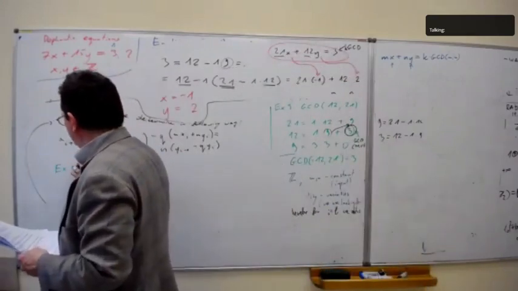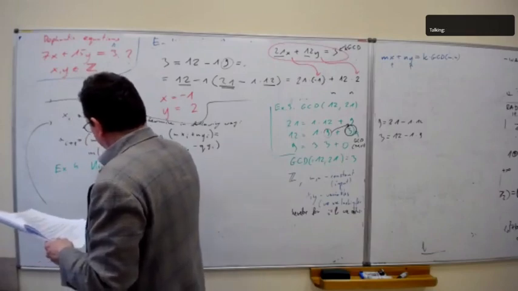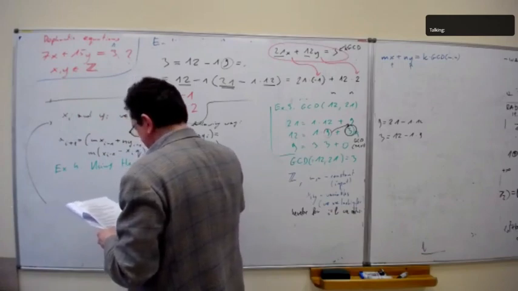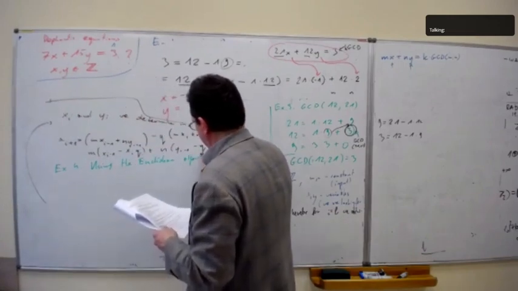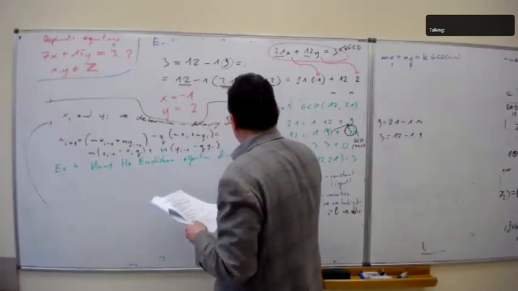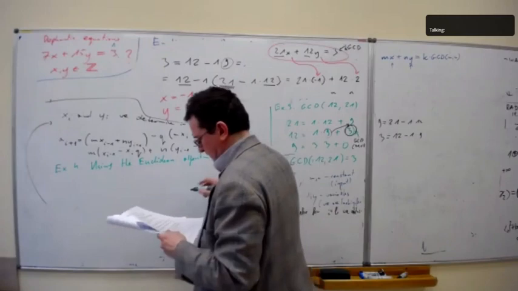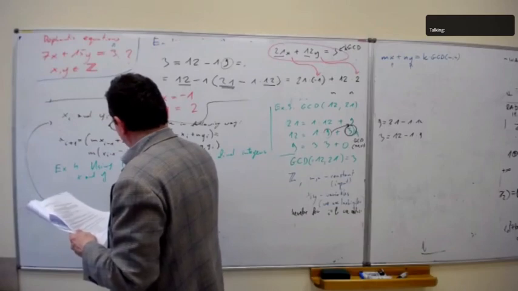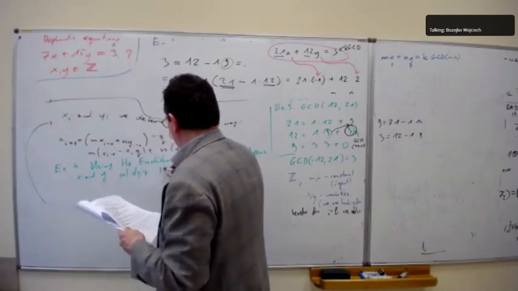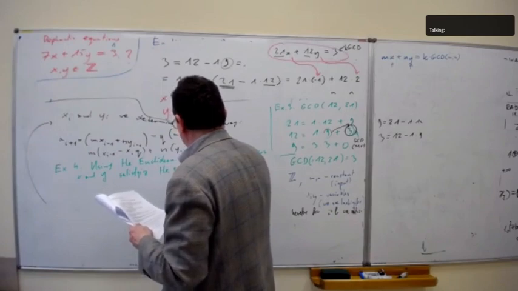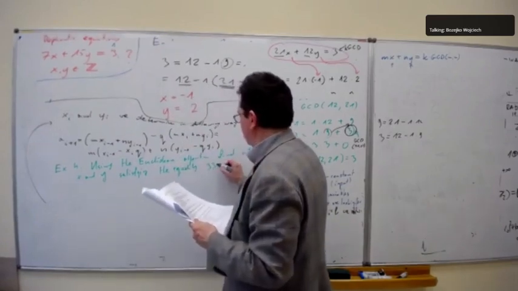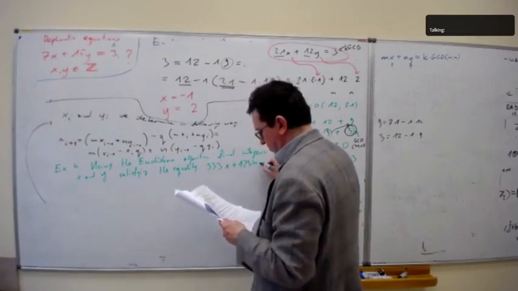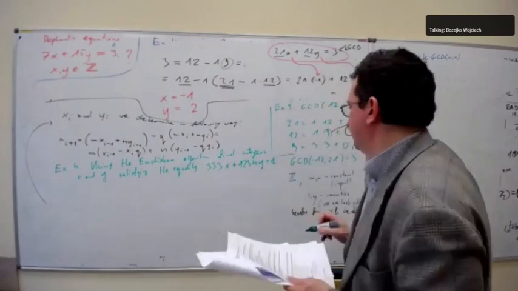Example, which one? Fourth one. Using the Euclidean algorithm, find integers x and y satisfying the equality 333 times x plus 1234 times y equals 1.